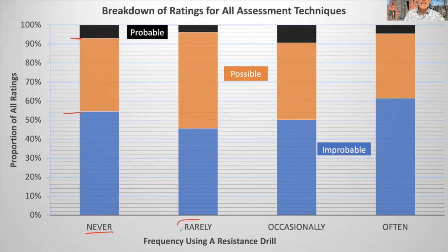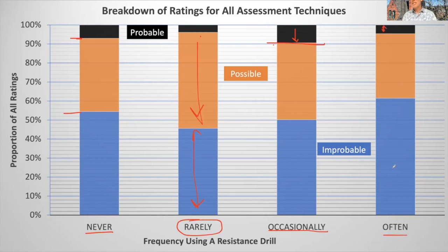People who rarely used the resistance drill had a lot fewer improbable ratings, a lot more possible ratings, but not more probable ratings. If you occasionally used a resistance drill, your probable ratings go up quite a bit. Now it's almost 10% of all of the ratings are probable.